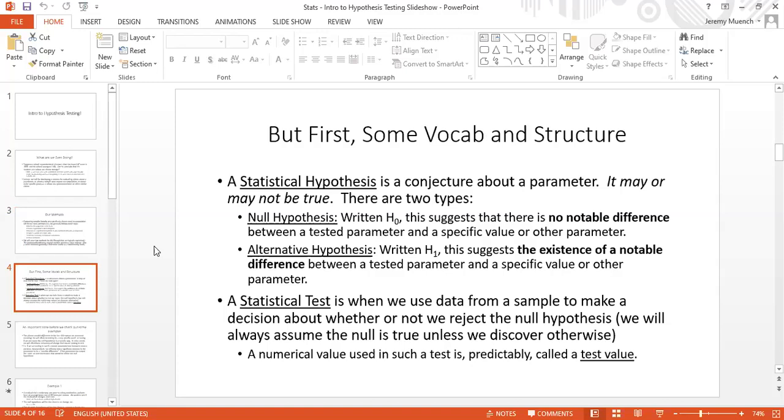It's information about the population. So this hypothesis is a conjecture about what that parameter might be. And this hypothesis might be true, it might not be true. We don't necessarily know. If we knew, we wouldn't really need to do an experiment.